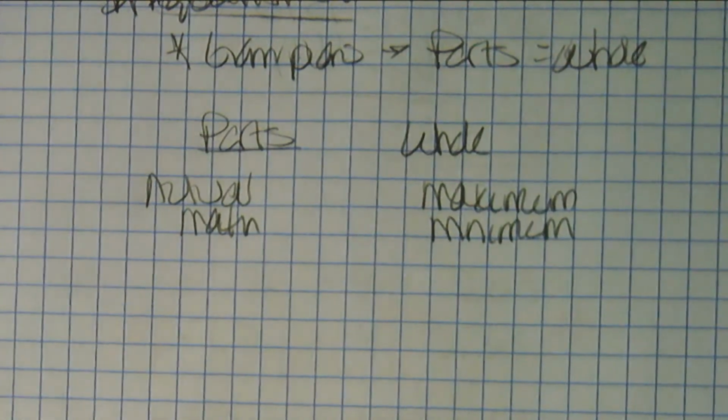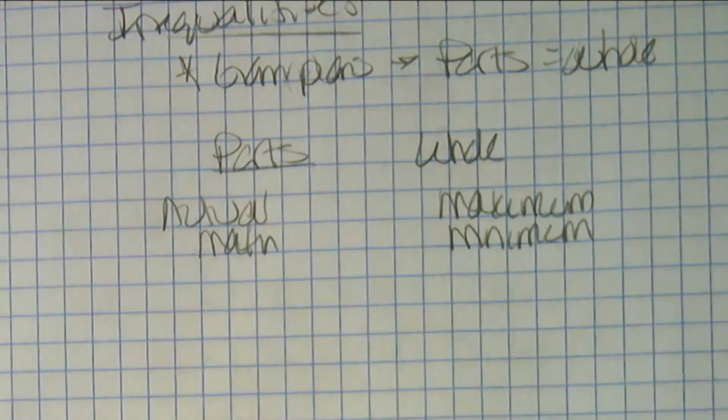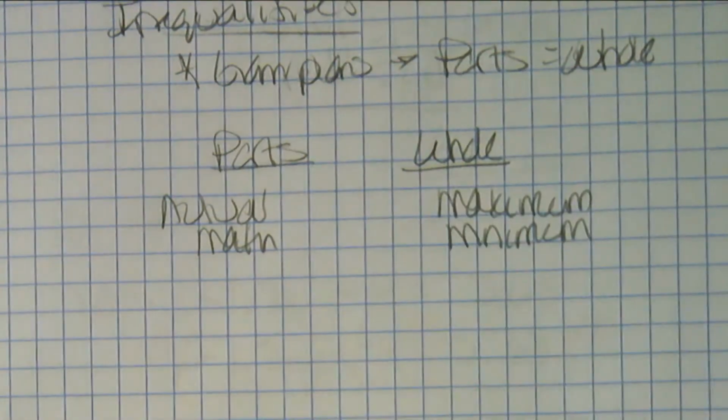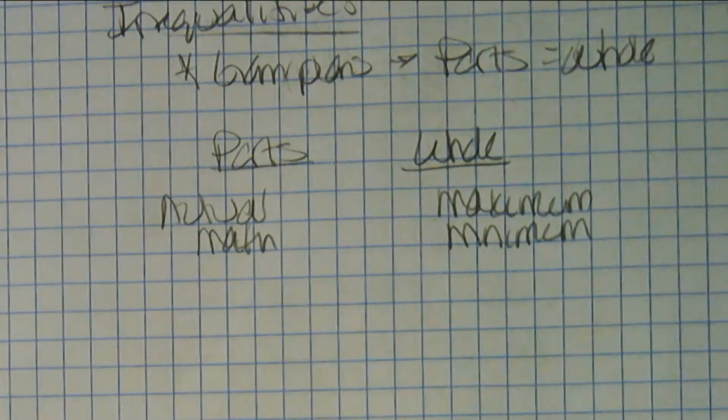So in your game plan you always have to do a maximum or a minimum. You always look for rates. Your parts are your actual math, and the whole is your maximum or your minimum. Let me show you a story problem.